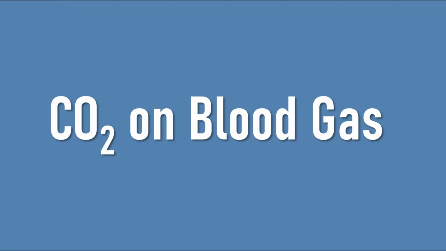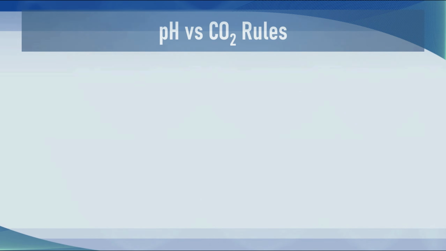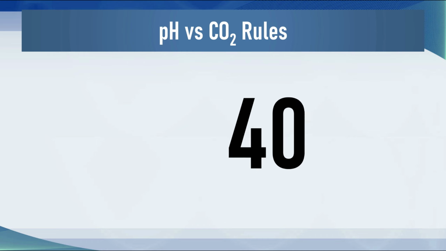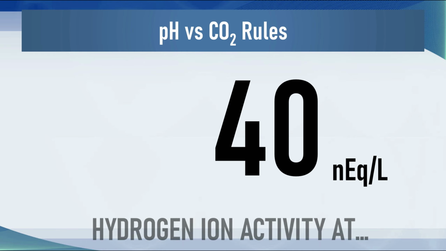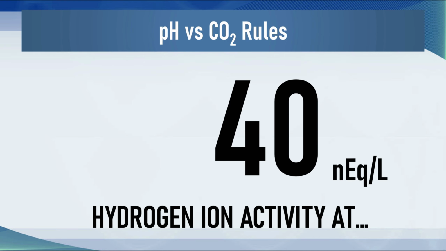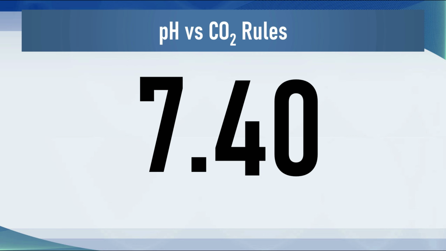I believe that every doctor or nurse working in critical care should know the rule of 40. Now, I will point out in advance that this works better if you live in the world of millimeters of mercury. But 40 represents the number of nanoequivalents per litre hydrogen ion activity at physiological pH, that is 7.4, at a temperature of 37 degrees Celsius.